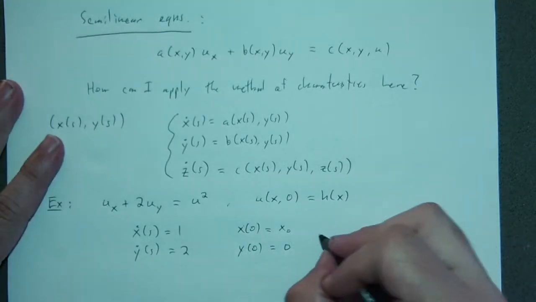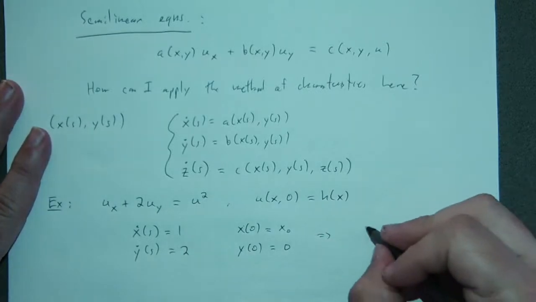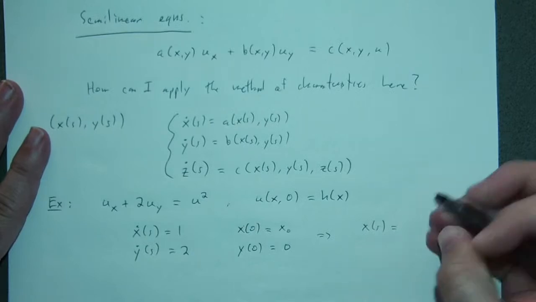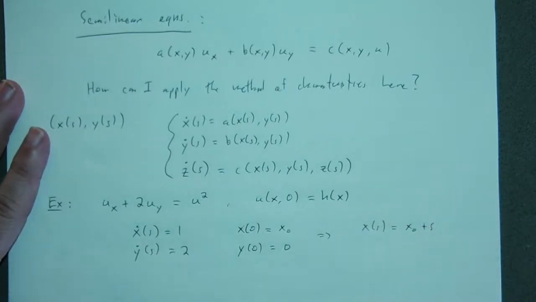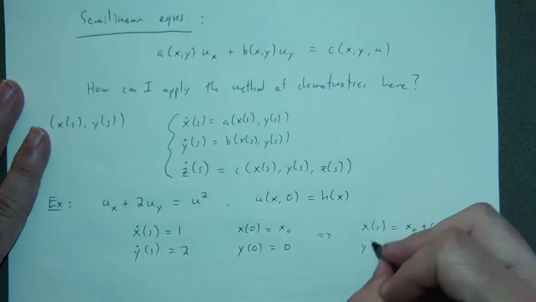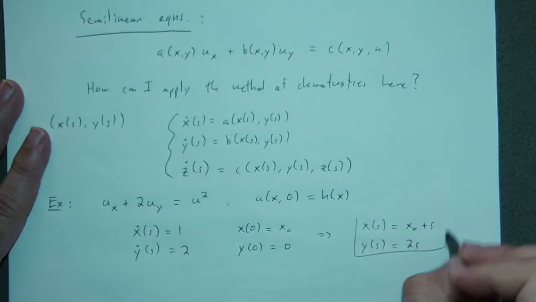So doing that, this implies that these equations have solution x of s is x naught plus s, and y of s is 2s.